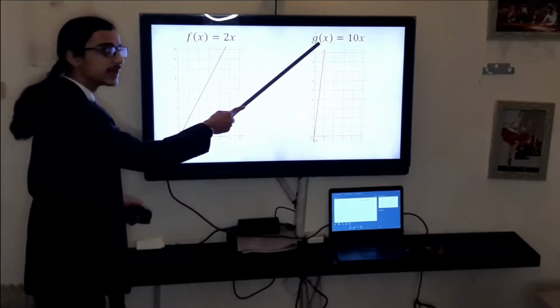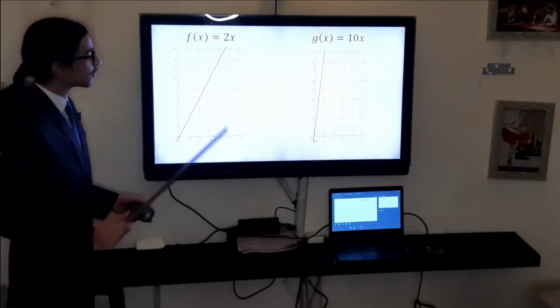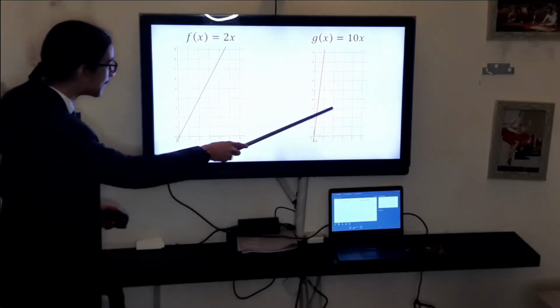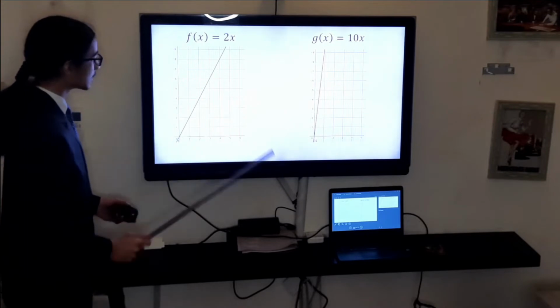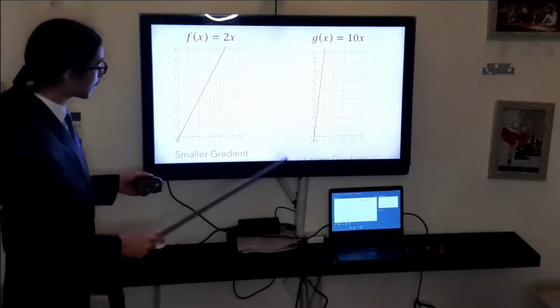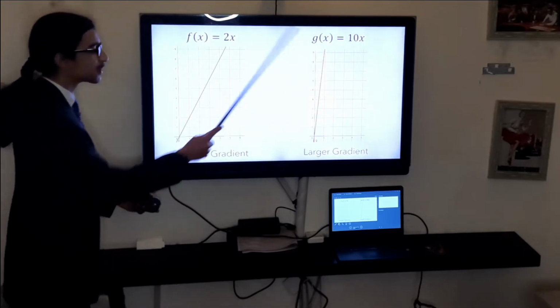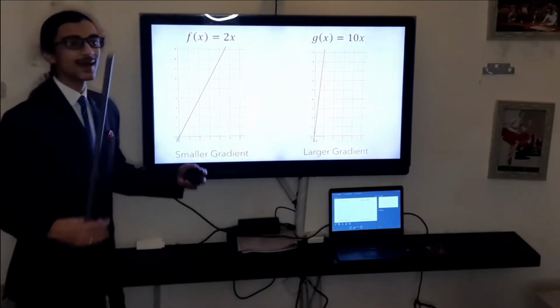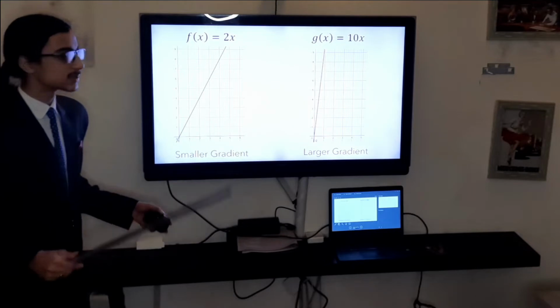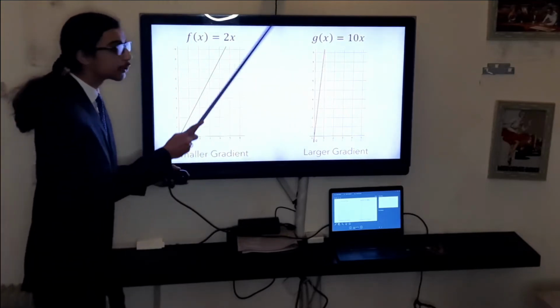It has a much greater gradient as compared to f of x is equal to 2x, right? So I can once again make the same conclusion that because this has a larger gradient, it must be growing faster. Its values are increasing faster. It has a greater rate of growth.